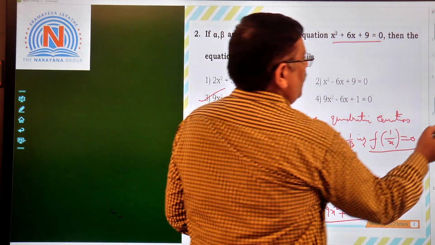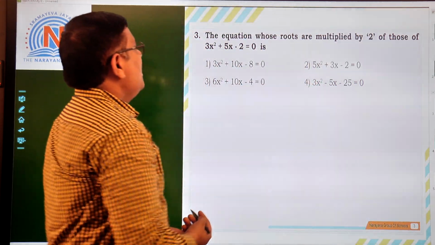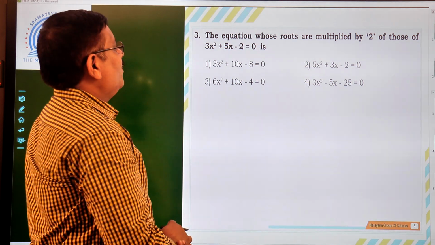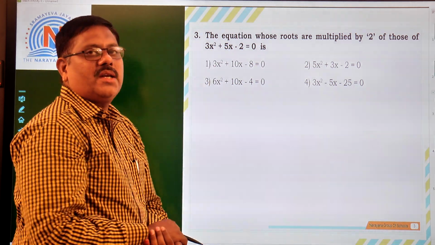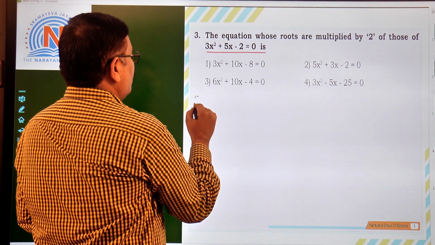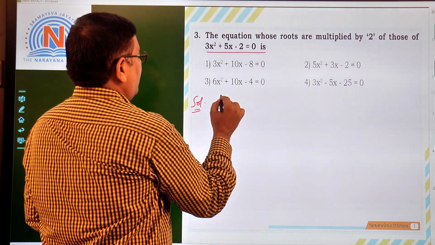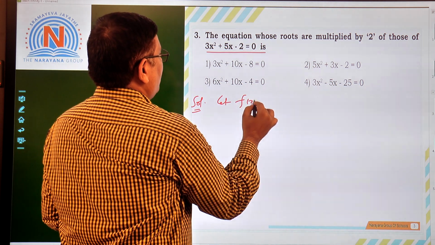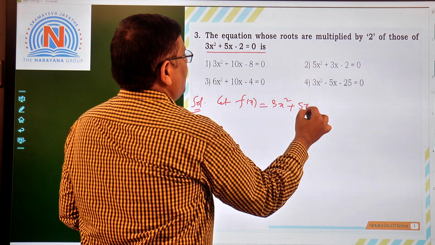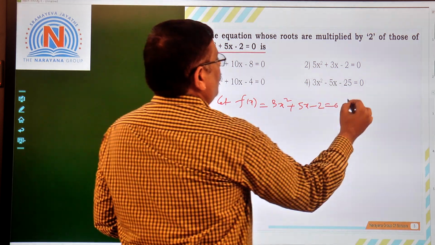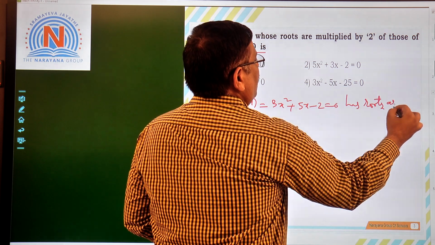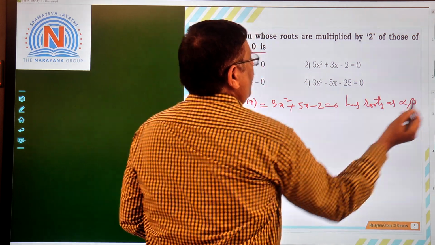Now we will move to the next question. The equation whose roots are multiplied by 2 of those of 3x square plus 5x minus 2 is equal to 0. Again it is another transformation. Solution, let us start. Let f(x) equals 3x square plus 5x minus 2 is equal to 0 has roots alpha comma beta.